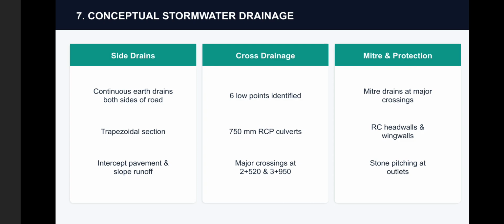I identified 6 low points, and out of these 6 low points there are 2 major crossings at the drainages identified here. I also have 2-meter drains at these major crossings, and my pipe culverts are reinforced with a size of 750 millimeters in diameter, and they also have reinforced head walls and wing walls with stone pitching at the outlets.